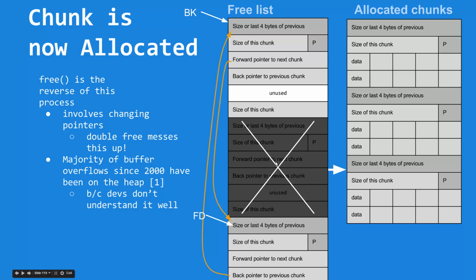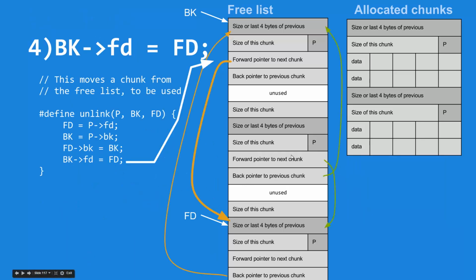So again, the goal for an attacker here is to overwrite by buffer overflow these pointers. And so what essentially is happening in the unlink algorithm is that it's taking a destination pointer that's controlled by an attacker, and populating it with the value for a pointer also controlled by the attacker.